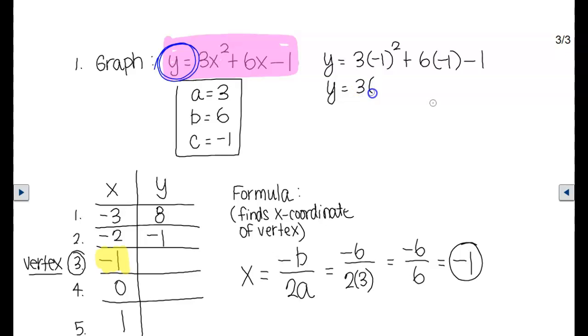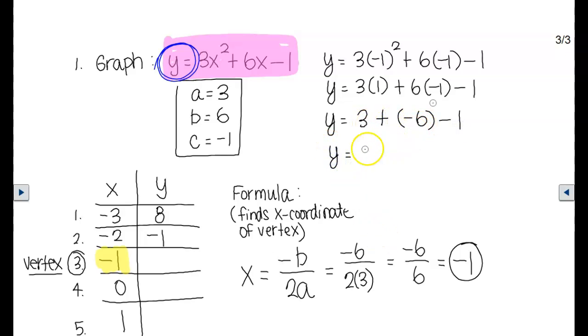So this is going to be 3 times 1 plus 6 times negative 1 minus 1. Now do your multiplication. So we'll do 3 times 1 is 3, plus 6 times negative 1 is negative 6. And now we'll do our adding and subtracting. So the 3 plus the negative 6 gets us a negative 3, and then a negative 3 minus 1 is a negative 4.